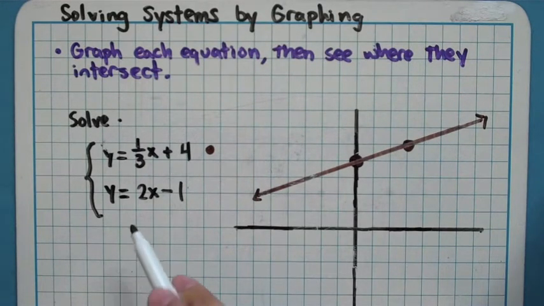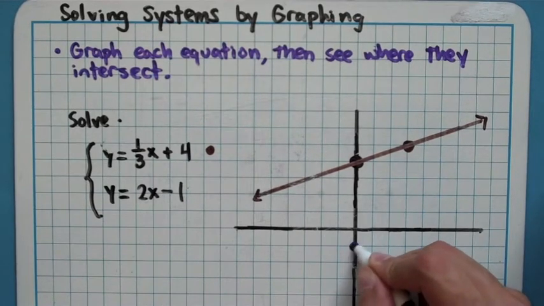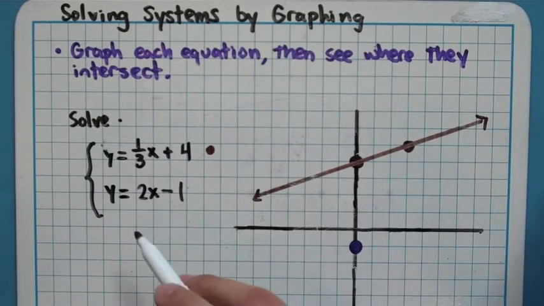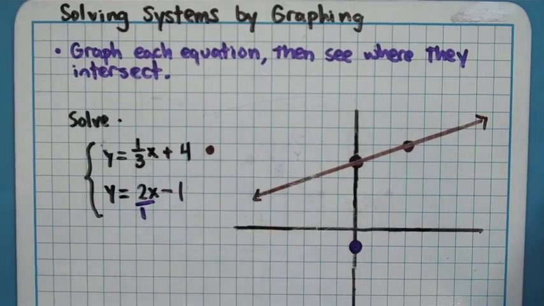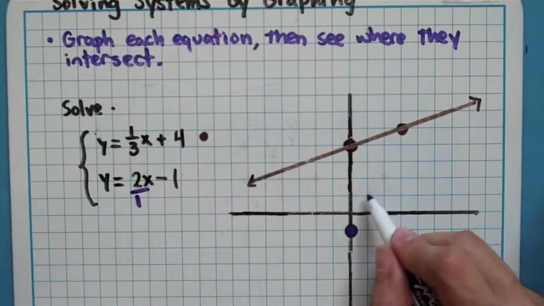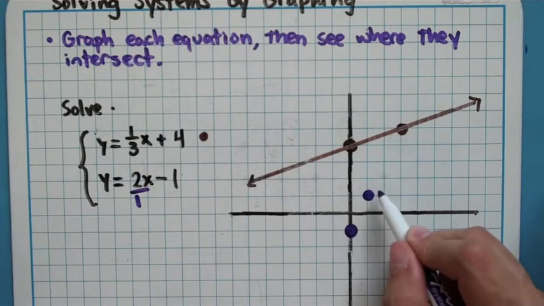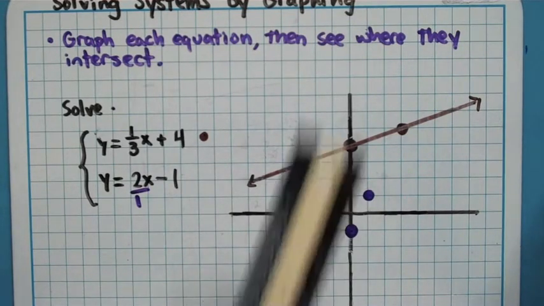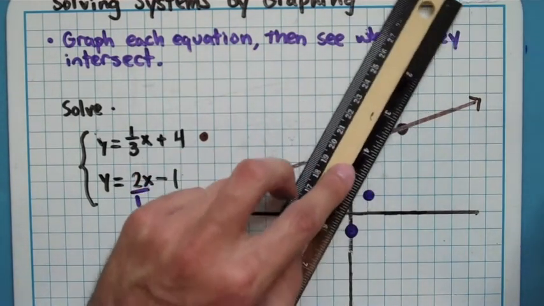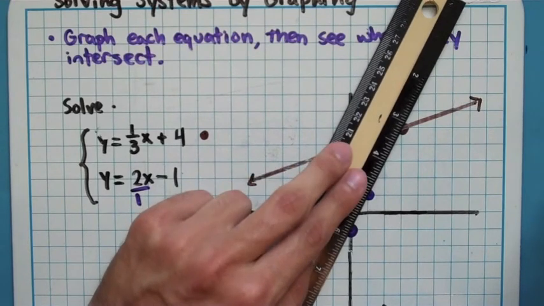So I have y equals 2x minus 1. I'm going to start down here at -1, my y-intercept, and my slope is 2 over 1. So I'm going to go up 2 over 1, and when I do that, I land right there. I'm going to take my ruler and draw my graph in.